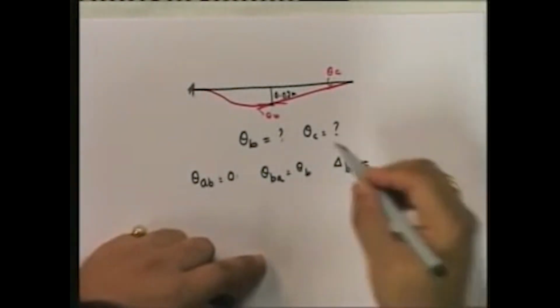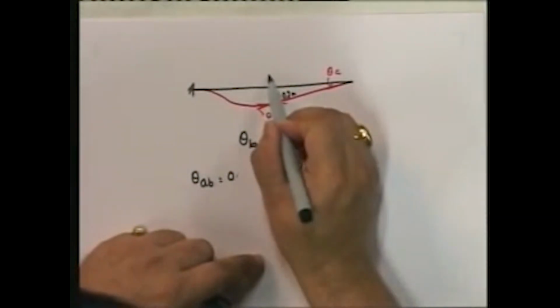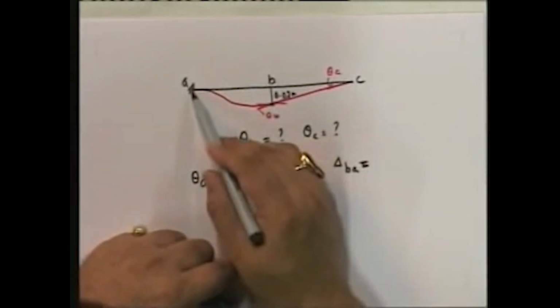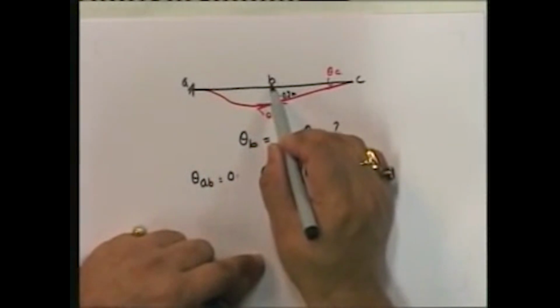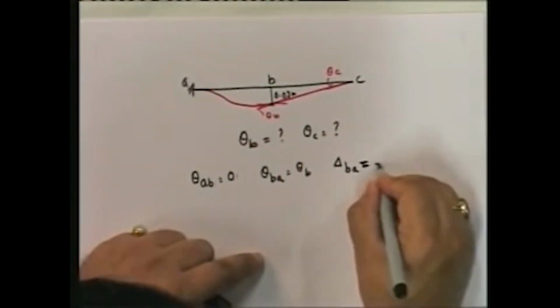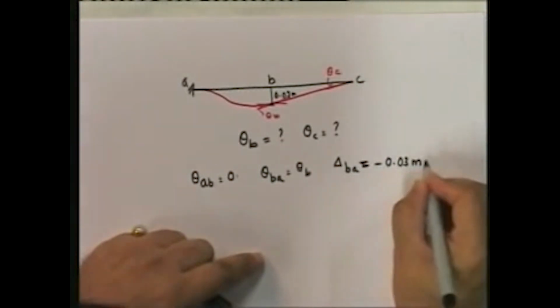Delta BA in the previous case was 0, but here you see B has gone down relative to A. So that means delta BA is not 0. Remember, delta BA was considered positive if B went up relative to A. Since it's going down, it's negative, and the value is 0.03 meters.